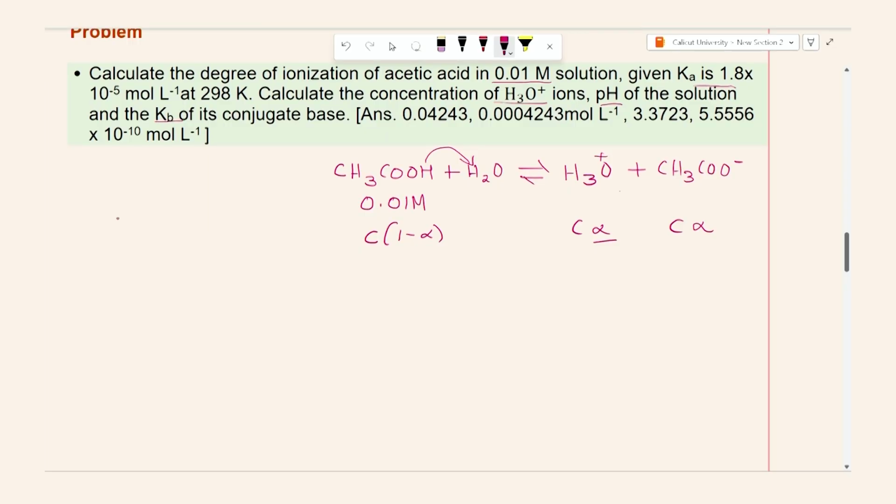Now, Ka is equal to 1.8 into 10 to the power minus 5 moles per liter.